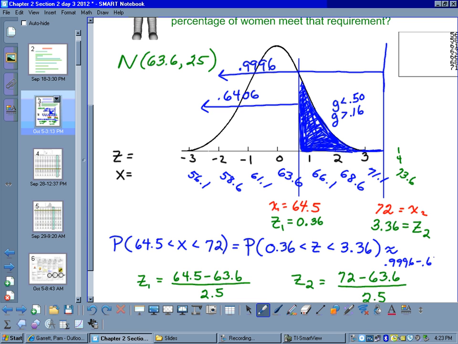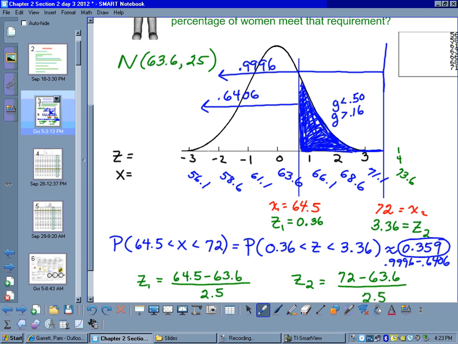0.9996 minus 0.6406. And that final value is going to be approximately 0.359, which is the final answer to the question.